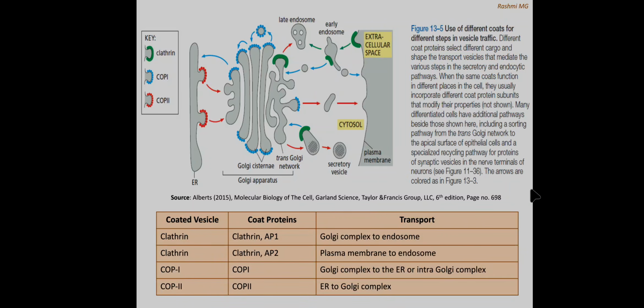So here it is showing the overall summary. The clathrin coated vesicle is made up of clathrin and AP1, which help in the transport of proteins from Golgi complex to endosome. Clathrin and AP2 help in the transport of proteins from plasma membrane to endosome.